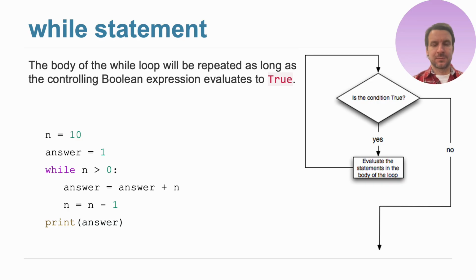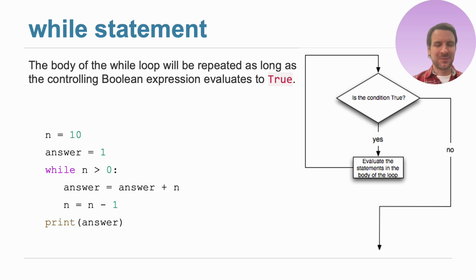If you mess up this piece of code, if you write n equals n plus 1 instead of n equals n minus 1, then n starts at 10 and will be increasing every time you go through the block. It will just go up and up and up. So this while loop will never end.